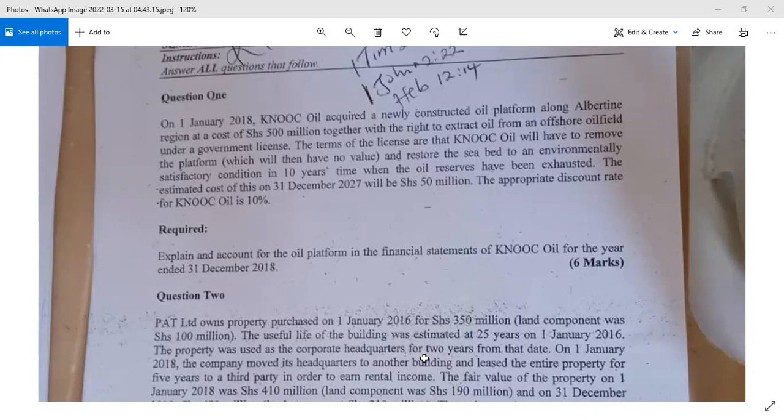If I may now put officially the right entries: you're going to debit your asset, which I can call the platform, and then credit cash or bank, and then credit provision for restoration costs.